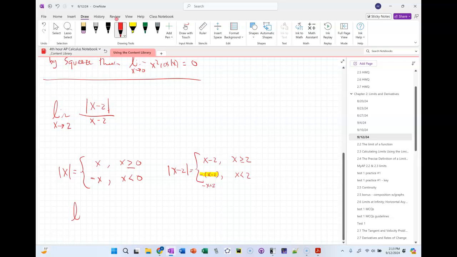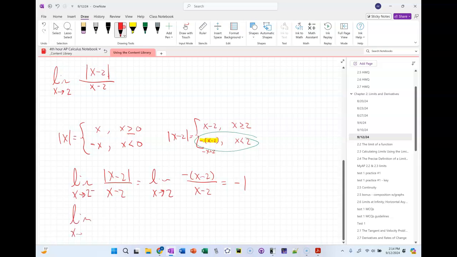All right, so if I do the limit approaching 2 from the left, that's going to be the same as just the limit as we approach 2 of the other piece. Everybody's okay there?